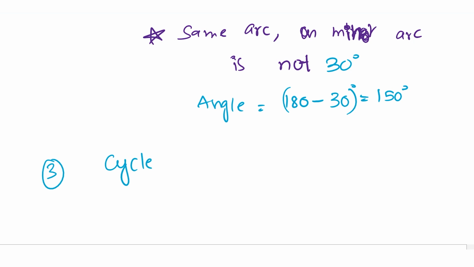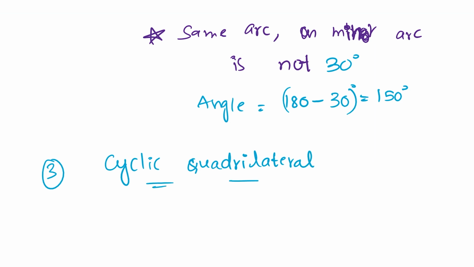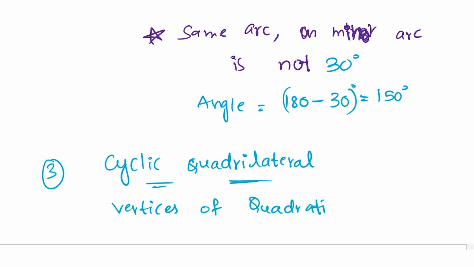And the third theorem is cyclic quadrilateral. You know what that is? No. A cyclic quadrilateral is a quadrilateral which is inside the circle, with its vertices on the circumference.